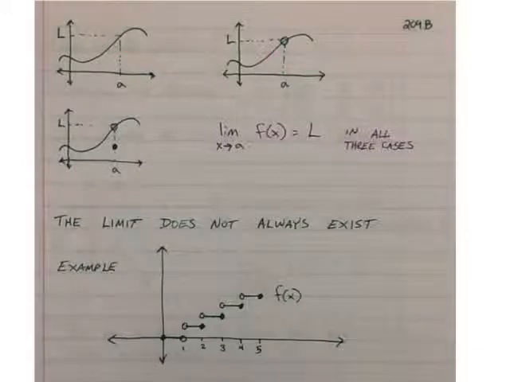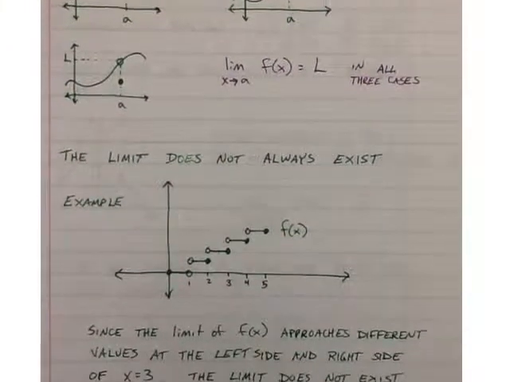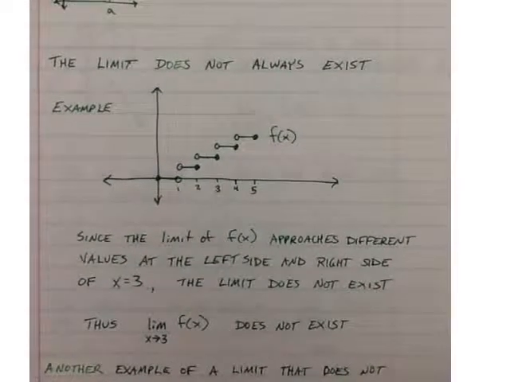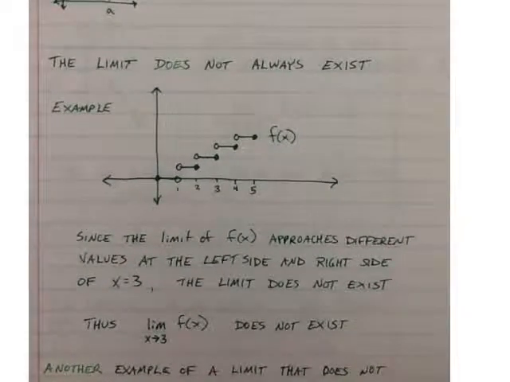Where we start to run into some problem is the fact that the limit does not always exist. I've drawn a step function below, and this is a case where the limit doesn't exist, since f of x approaches different values at the left side and right side of 3. At 3, the function from the left side is approaching this value, which we'll call 2.